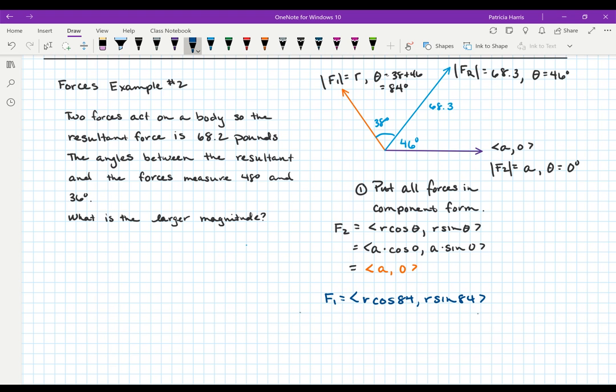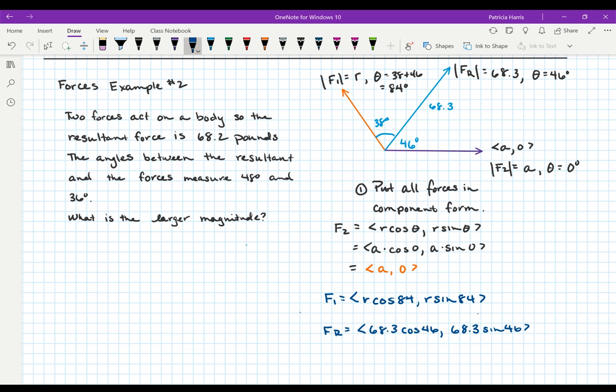Okay, and then the resultant force is going to be 68.3 cosine of 46 and then 68.3 sine 46. For the resultant force, I can actually find the component form with no variables, which is kind of nice.